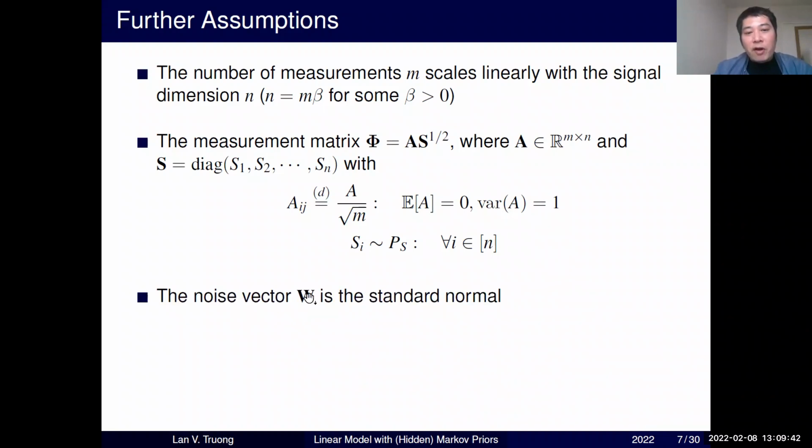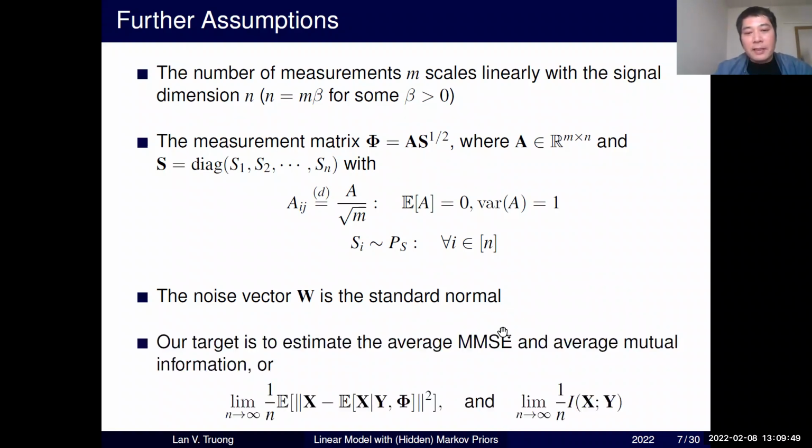And we assume the noise vector W is standard normal distributed in m-dimensional space. So our target is to estimate the average minimum mean square error and the average mutual information. Here, E[X given Y] is the MMSE estimator, and this is the mean square error of the estimation.